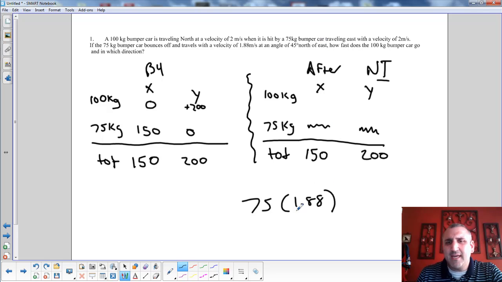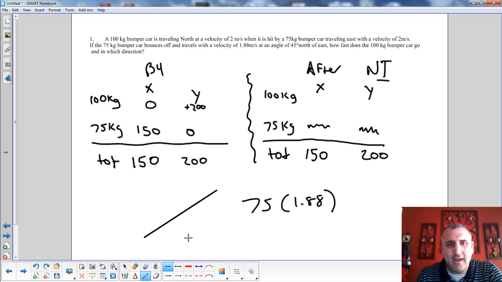So I can't put this in the x, and I can't put this in the y. I have to resolve this to go in somewhere in the x, and some of it's going to go in the y as well. But I'm telling you that we have a something at 45 degrees north of east.